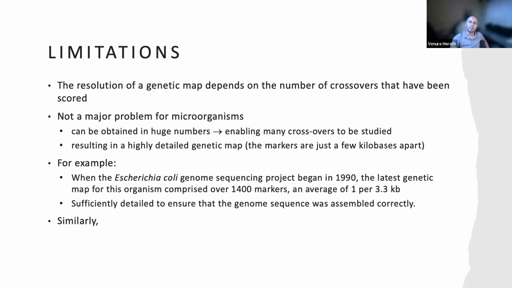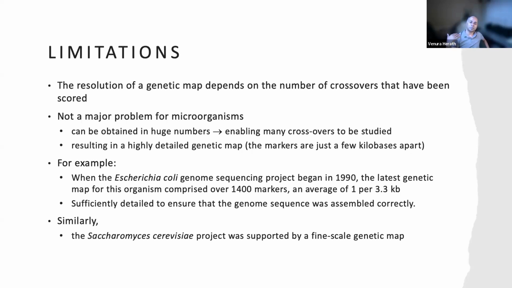And similarly, if you think about the second sequenced genome, Saccharomyces cerevisiae, this is also supported by what we call a fine scale genetic map. So that means a very comprehensive genetic map. They had approximately 1,150 markers, so that is on average one marker per 10 kb.